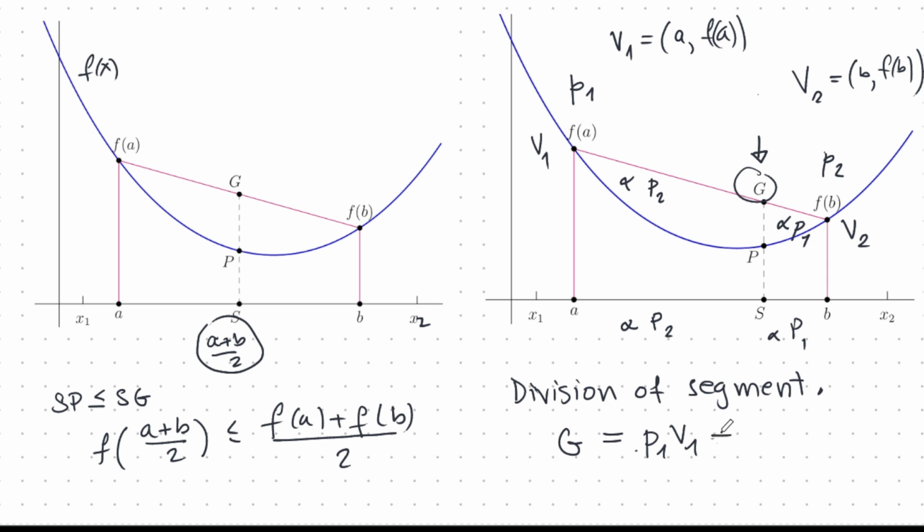Okay, so that's (P1 V1 plus P2 V2) over (P1 plus P2). Notice that P1 is lighter, the weight is less at V1 here, and the weight is heavier here, so my fulcrum point G is closer to V2. I talked about that in the previous video.